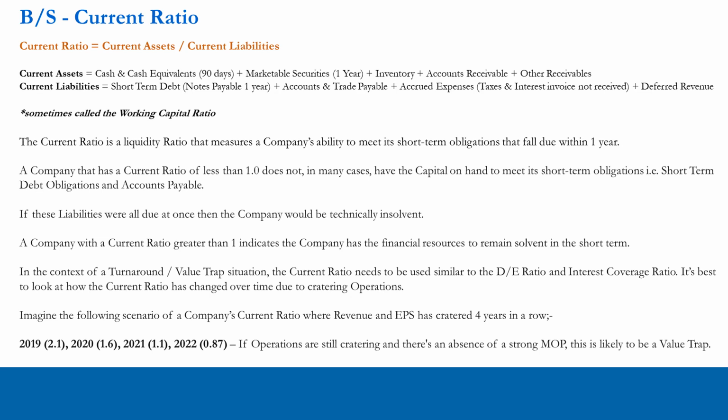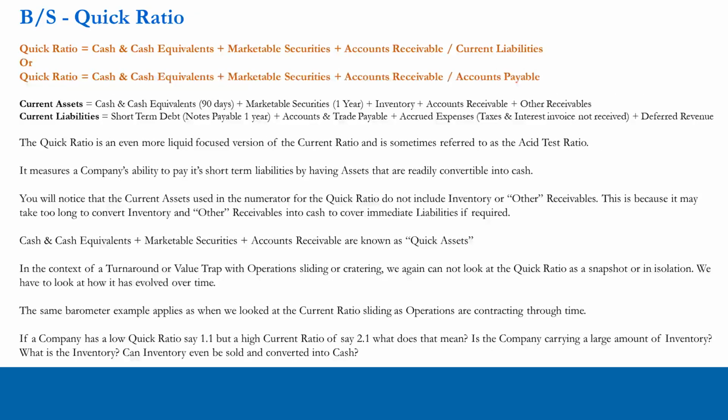Now, there is also another liquidity ratio that we can add to our armory when we're looking at backward looking financial statements, and that's the quick ratio. So the quick ratio is calculated as cash and cash equivalents plus marketable securities plus accounts receivable over current liabilities.